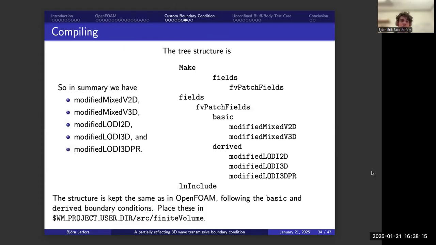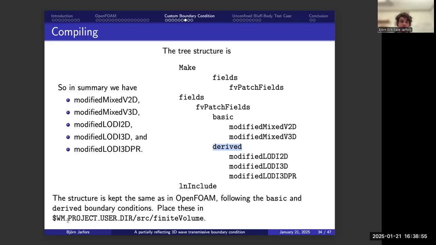So now over to the compiling. For some reason, this structure did not appear here, but basically the codes that we have here are the modified mixed V2D, V3D, and the modified low D2D, 3D, and 3D partially reflecting. And the structure is kept the same as OpenFOAM standards, and this is the same as Leandro used as well, where we divide the boundary conditions into basic and derived folders.